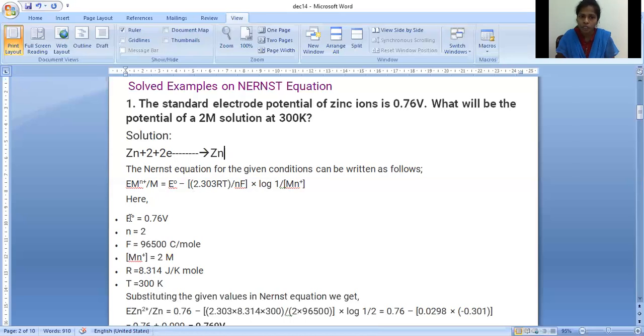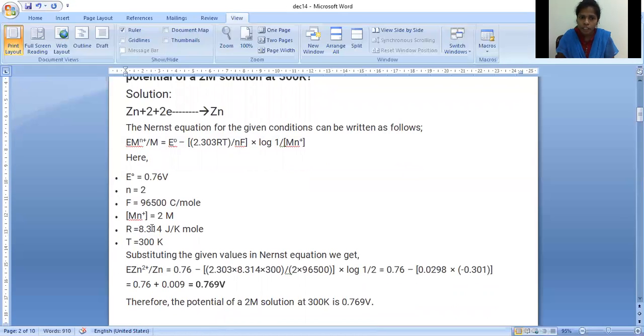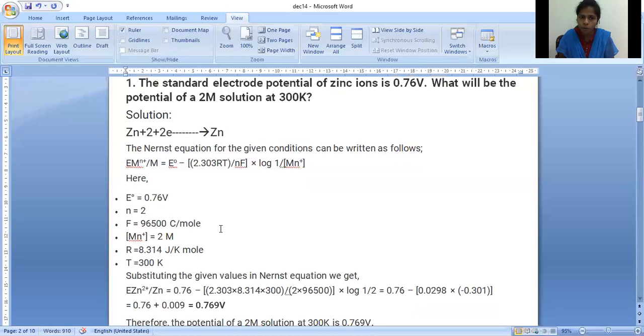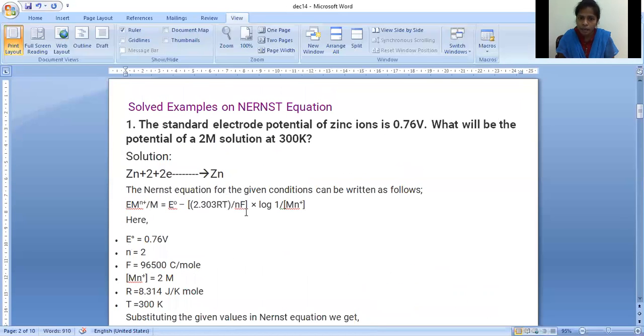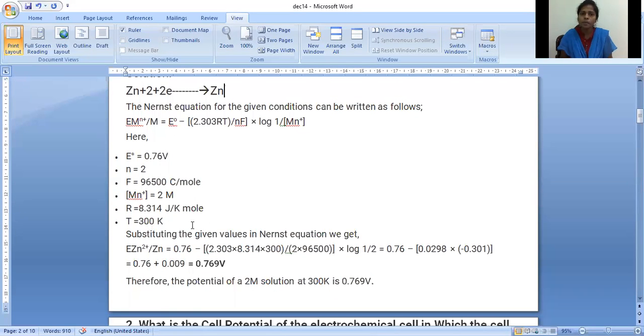So let us substitute E naught 0.76, N the number of electrons 2, Faraday constant 96,500 coulombs, and Mn plus 2, because they have given the concentration. Mn plus 2 concentration is 2 molar. R is 8.314 joules per Kelvin per mole, and they have given the absolute temperature, that is 300 K. So let us substitute all the values in the formula.